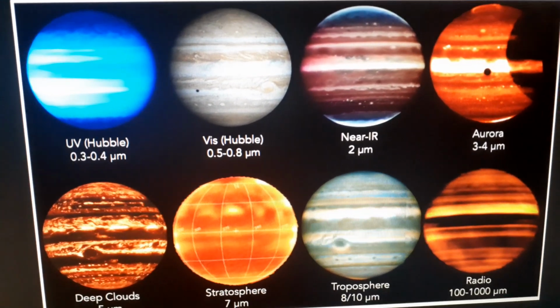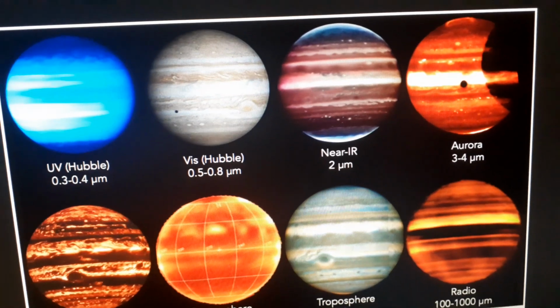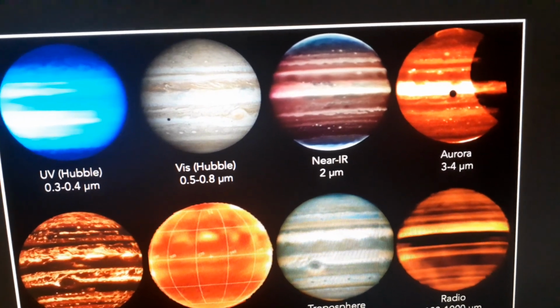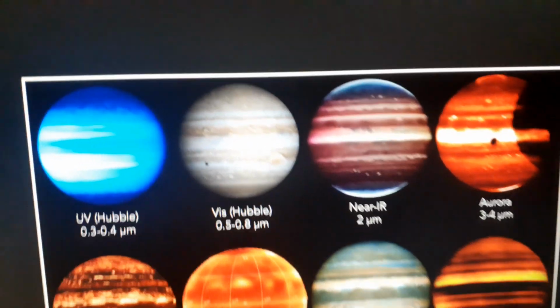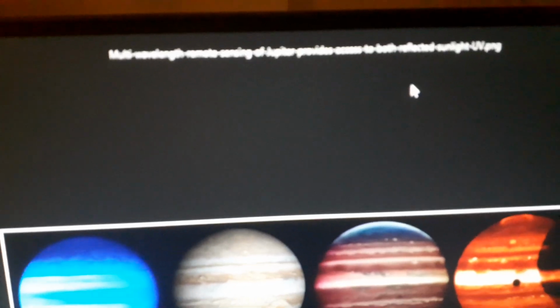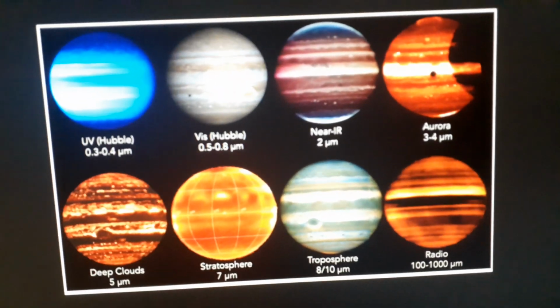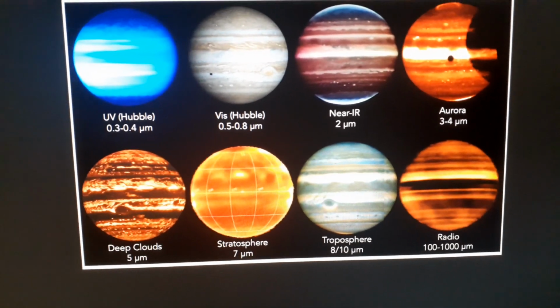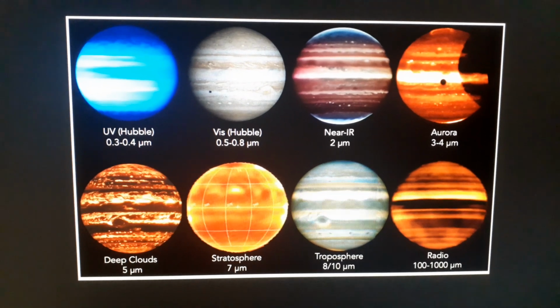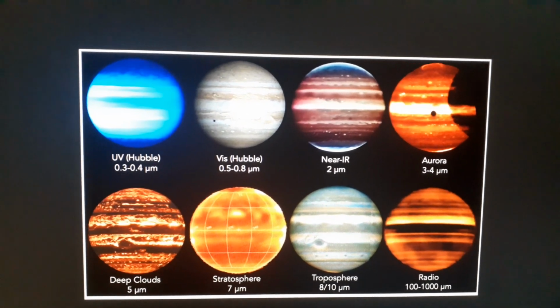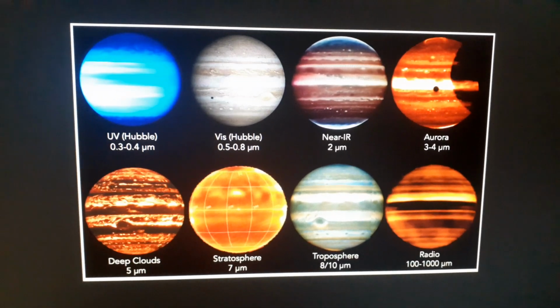Multi-wavelength remote sensing of Jupiter provides access to both reflected sunlight. That's what the image is called anyway. But yeah, I don't know, it gives a different perspective in a sense.